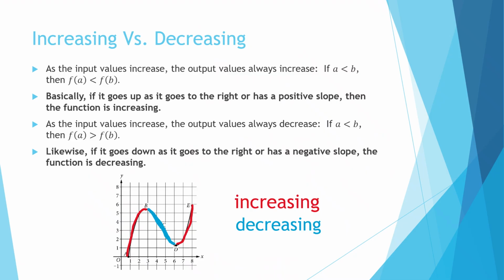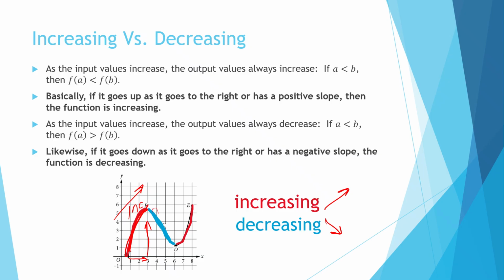All right, now increasing versus decreasing. A function is going to be increasing when it is going up, right? So as your x values increase, your output values will increase as well. That's going to be this red portion right here. That's when a function is increasing or going up. So increasing just means going up, and decreasing basically just means going down as you go from left to right.